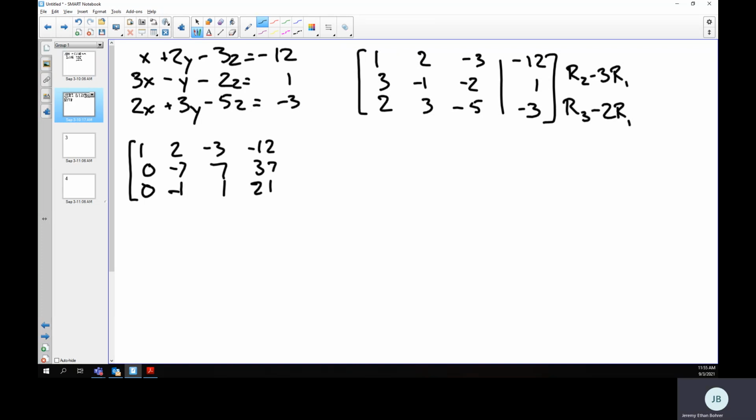Okay, so I think I did something wrong in row 2 there. Let me look at this. Yes, I did something wrong here, which is messing us up.